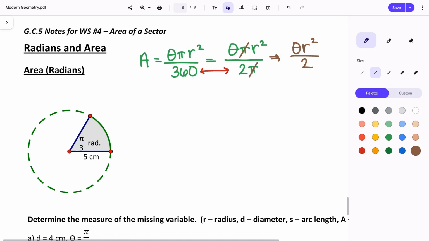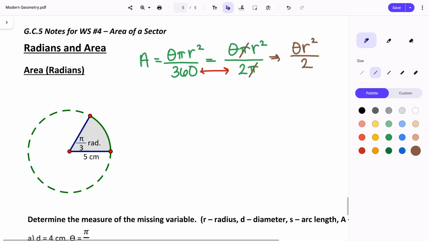Good. So now this switches to theta radius squared over 2, which is a simpler formula than what we dealt with before. But now instead of degrees, we're not going to put in 70 degrees or 60 degrees for theta. You could, right? You could have something in radians, convert it to degrees, and put it into your formula.